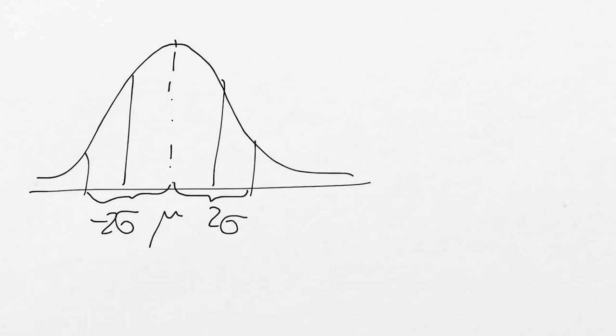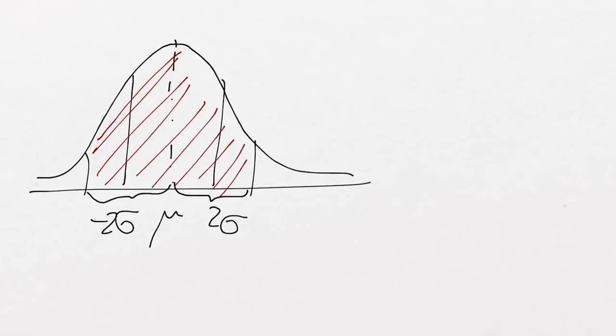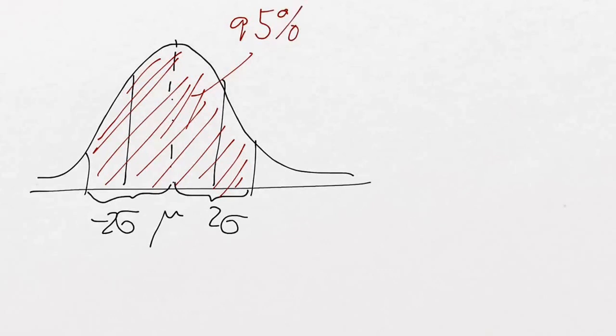What's the percentage of my data that is in this range here? What did we say? What's the percentage of data in here? 95%, exactly. So 95% of our data should lie in this range here.